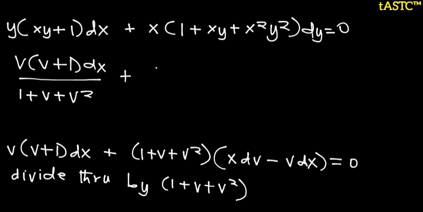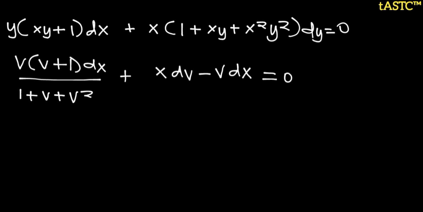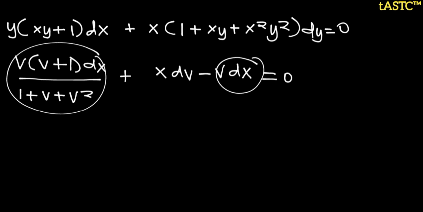And on this side, we're going to have x dv minus v dx. This is equal to 0. Now, we have all these forms in terms of v. It happens to be that we have a dx here, and that needs to be brought to this other side.